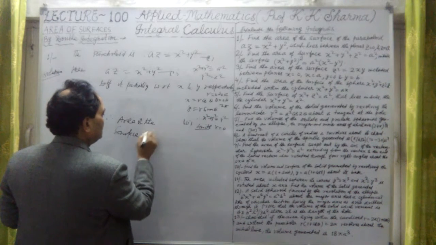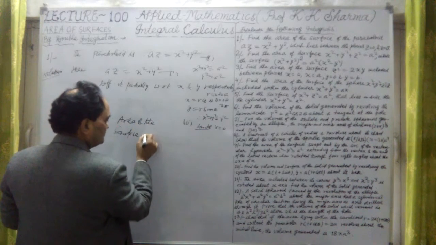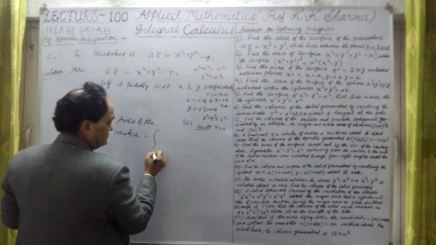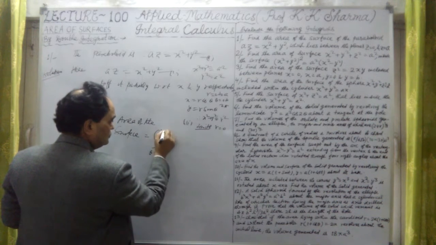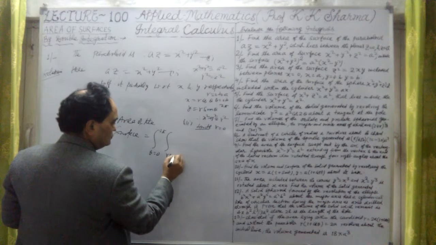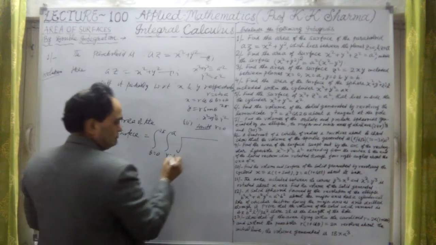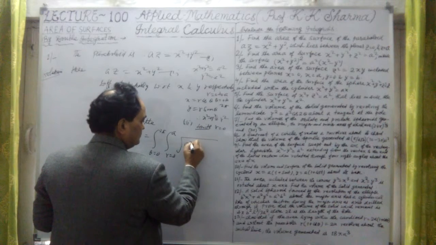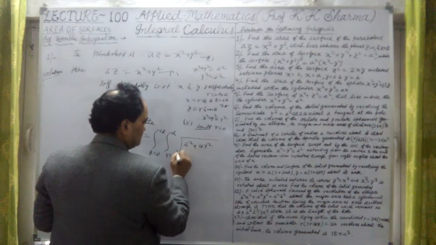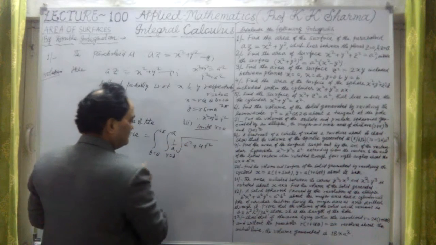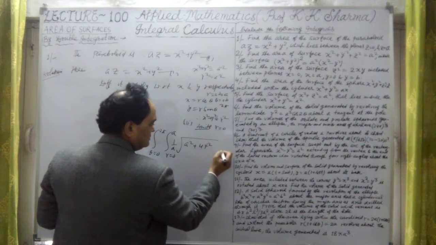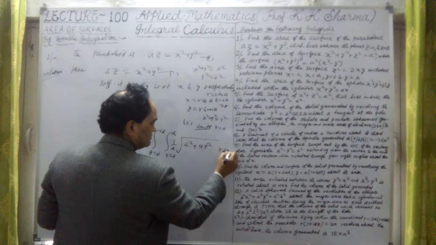Okay, therefore area of the surface equals double integration, theta equal to 0 to 2 pi and r equal to 0 to a. These are the limits. Now the integrand is a square plus 4r square under root, upon a, 1 upon a we have taken here, and this is r d theta dr. Why?